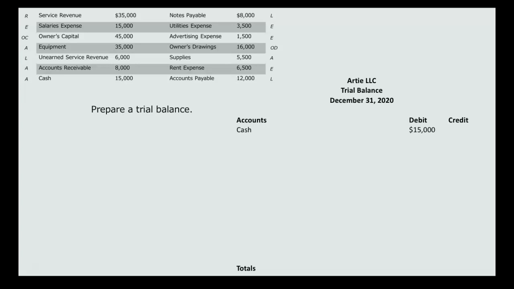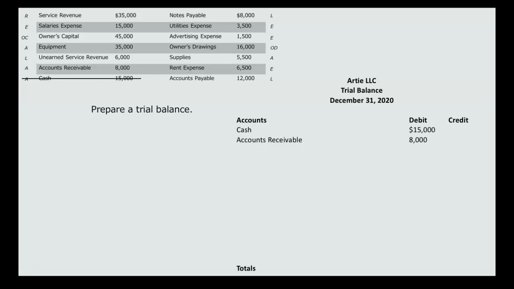Accounts receivable is something that we expect that we're going to collect within 30 days. So accounts receivable is very liquid, so we're going to put that one next. So accounts receivable and its $8,000 balance goes under the debit column and is listed after cash.